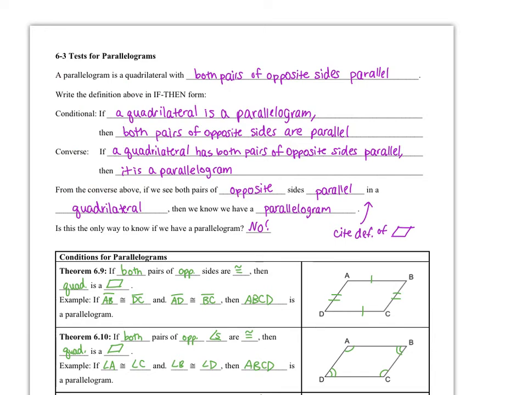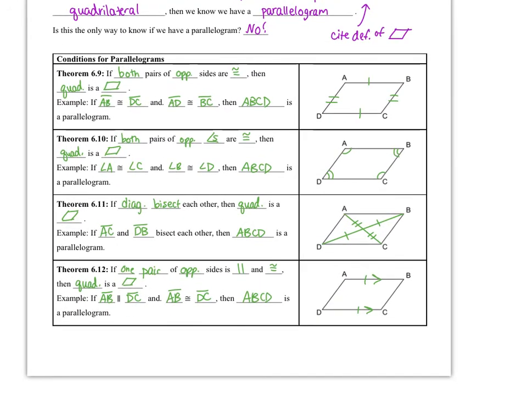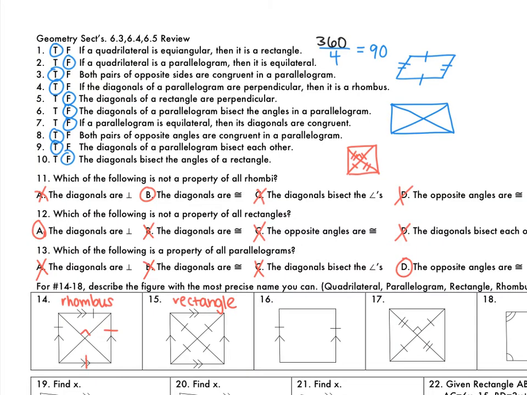So back on our worksheet for 6.3, we had all the ways we could say that something is a parallelogram. Well, it's right here. It says if one pair of opposite sides is parallel and congruent, that's enough information to say that it's a parallelogram. So we know that number 16 is a parallelogram. We do not have enough information to conclude anything else.